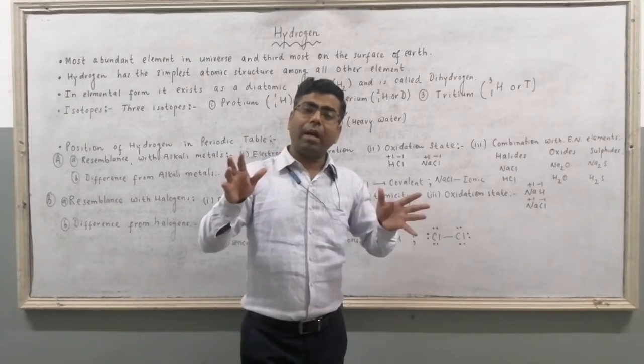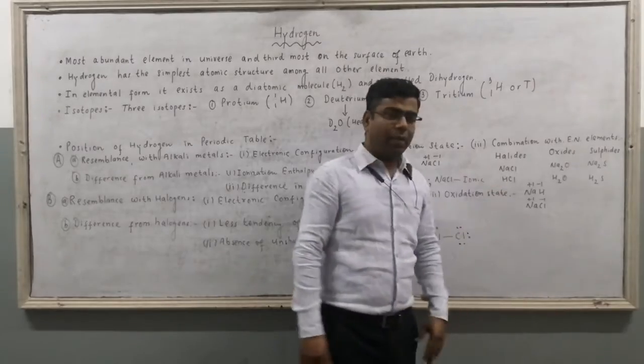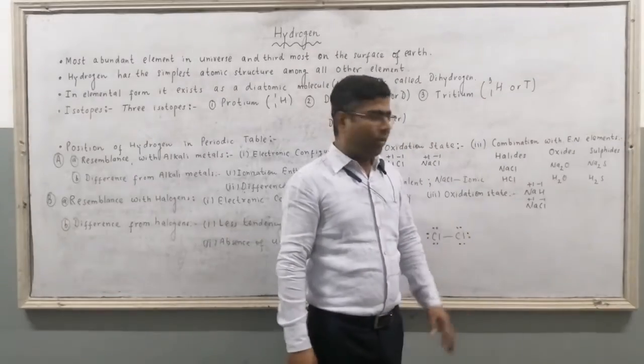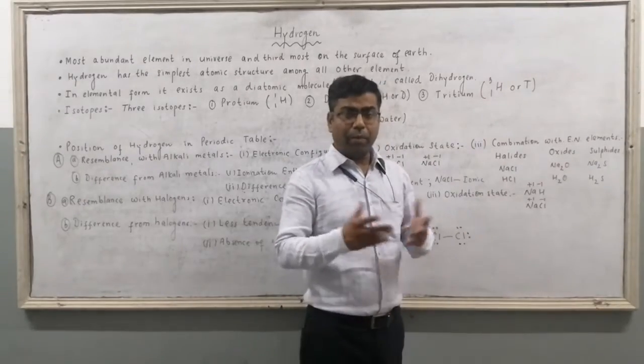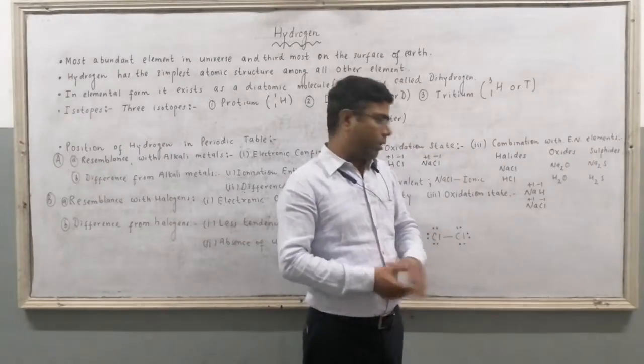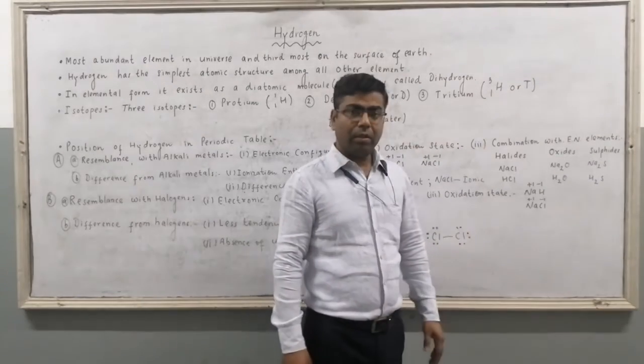The chemical formula will remain the same, like Na combined with Cl gives you NaCl. 1 atom of Na combines with 1 atom of Cl to give the halide NaCl. Now what about the halide of hydrogen? It also gives HCl. 1 atom of H, 1 atom of Cl.